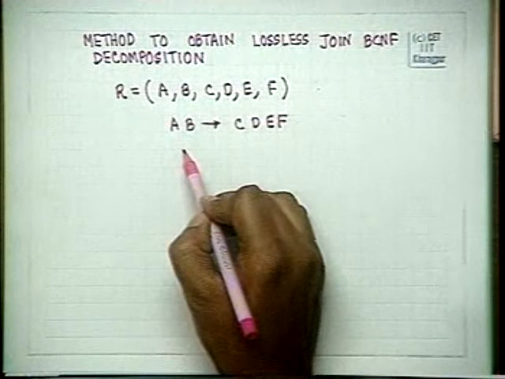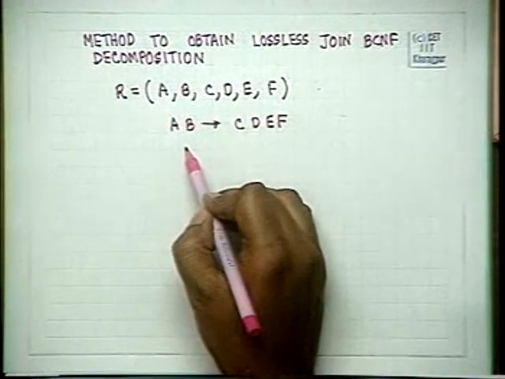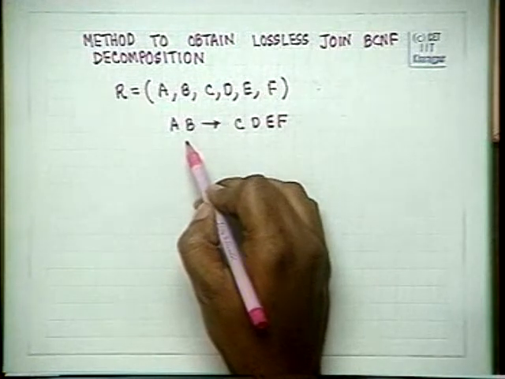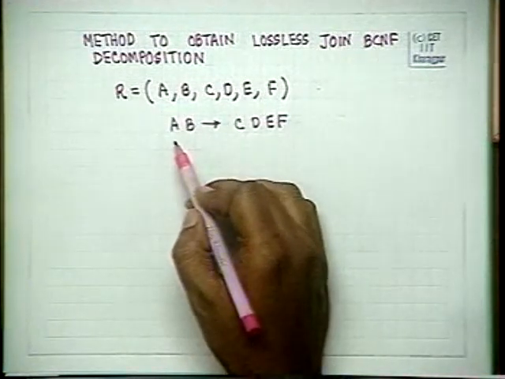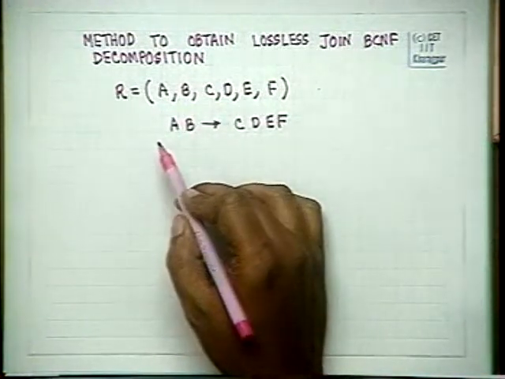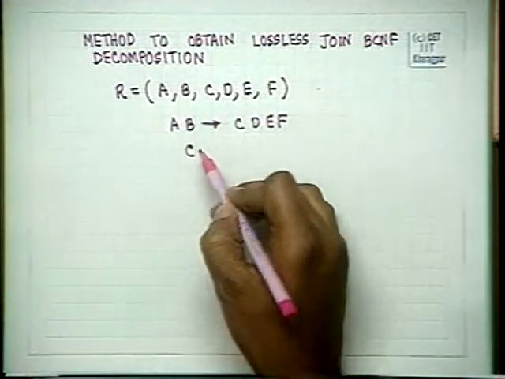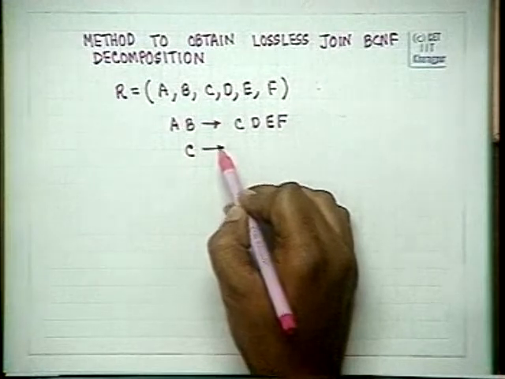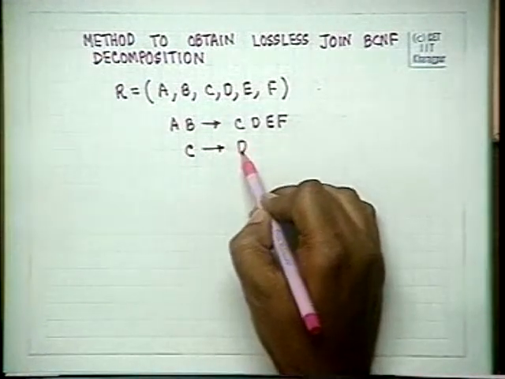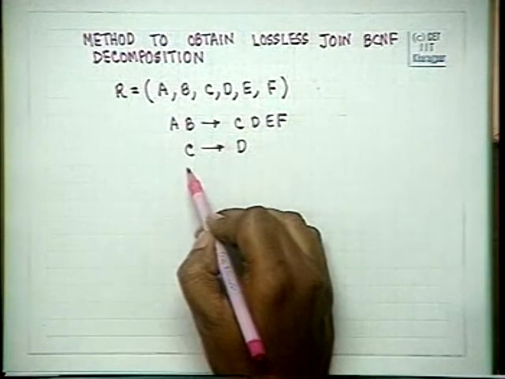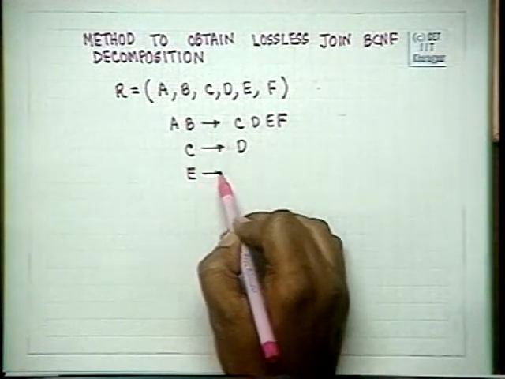Let us have two other functional dependencies which violate the BCNF normal form, that is, it is neither a super key nor a trivial dependency. For example, let us have C to D and let us have E to F.